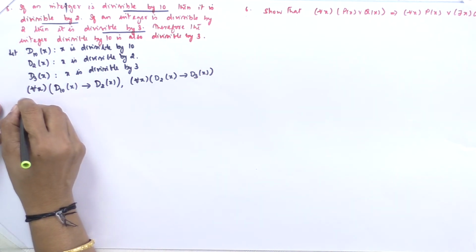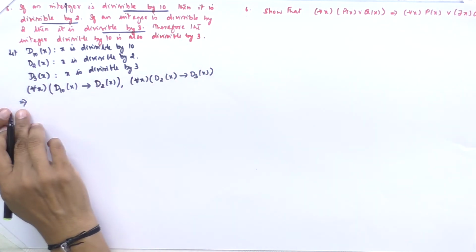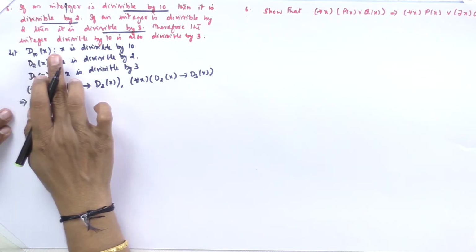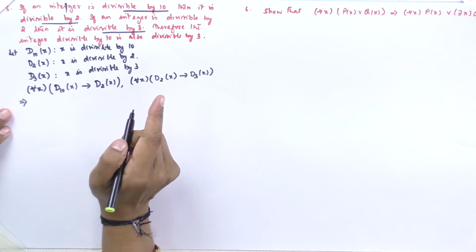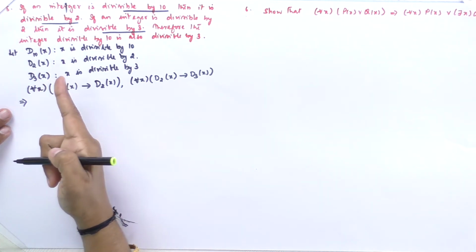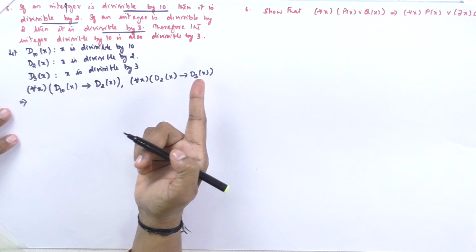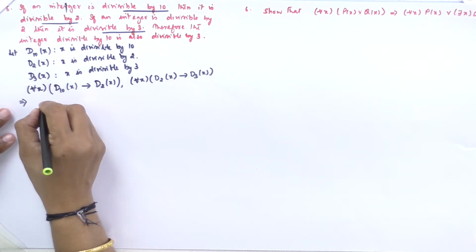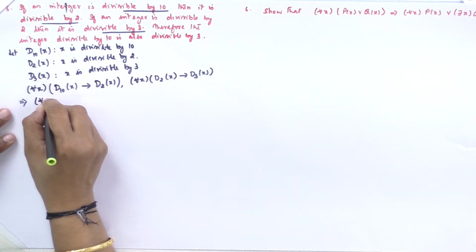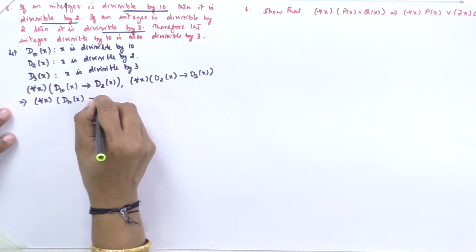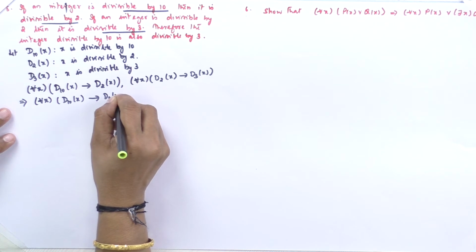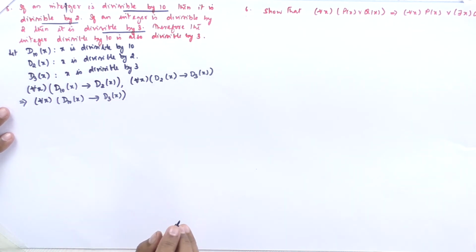So, this should imply, therefore, the conclusion part: the integer divisible by 10 is also divisible by 3, which means that we have for all x, D10 of x conditional D3 of x, if and then, right.